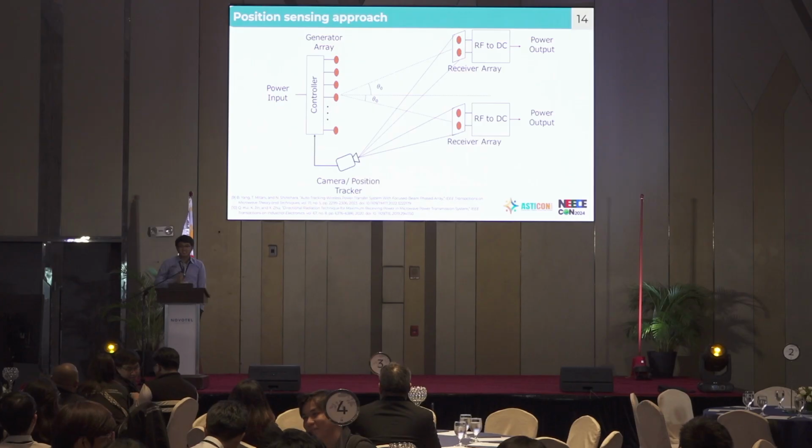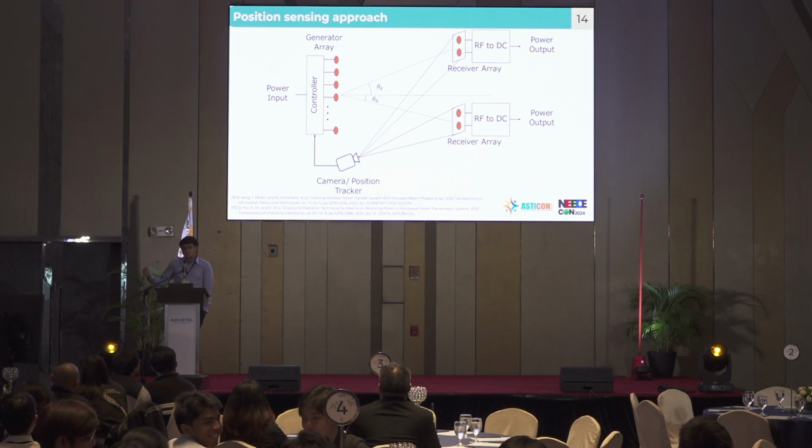One technique is you just detect your receiver using a sensor. It could be a camera, or your receiver could have a GPS sensor, and it reports its position. Your controller just computes using classical beamforming computations to point the beam towards the receiver.